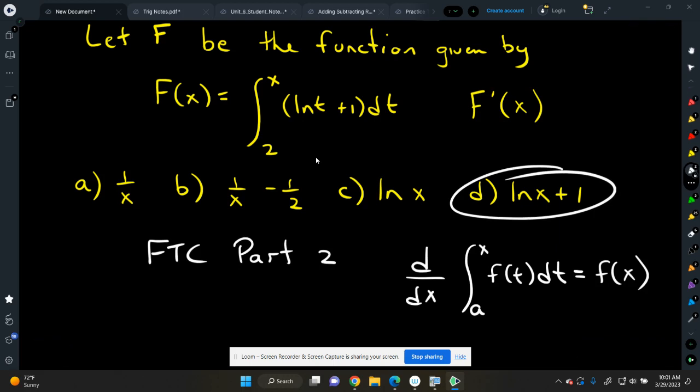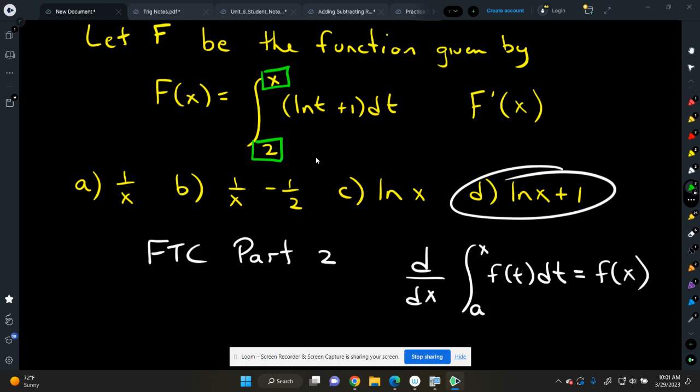Let's go. The key parts to recognize: first, the lower limit is a constant. The second key part is that the upper limit is x. As soon as you see that, you should start thinking fundamental theorem of calculus.